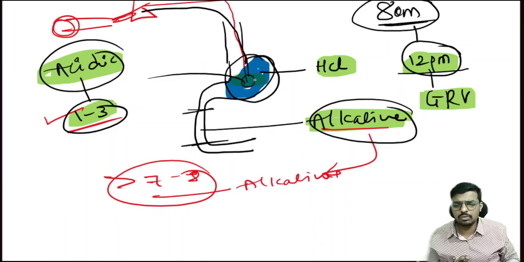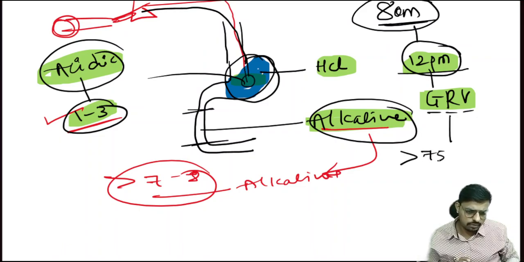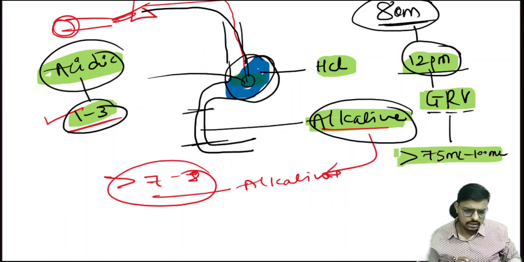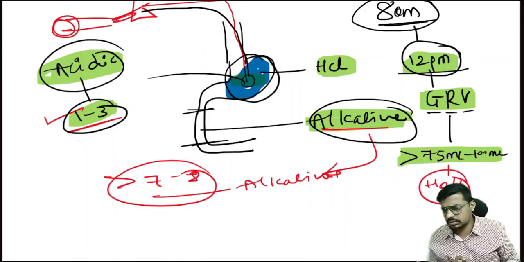The remaining volume is called the gastric residual volume. If the gastric residual volume is more than 75 ml to 100 ml, then you have to hold the NG feeding. Don't give the NG feeding.